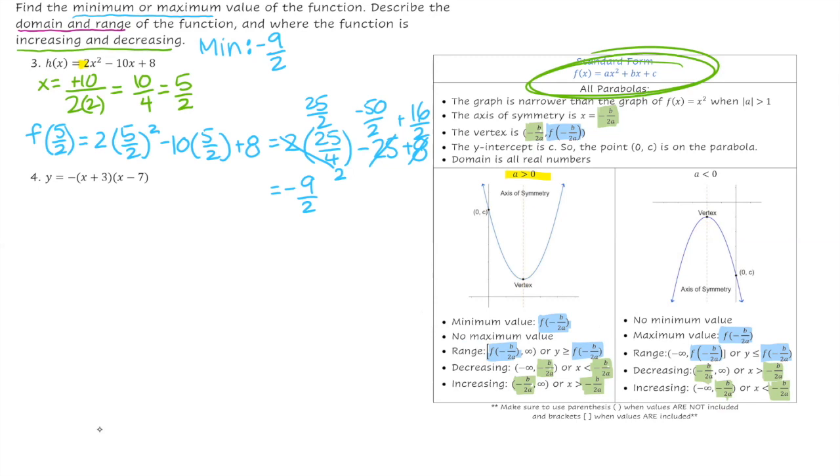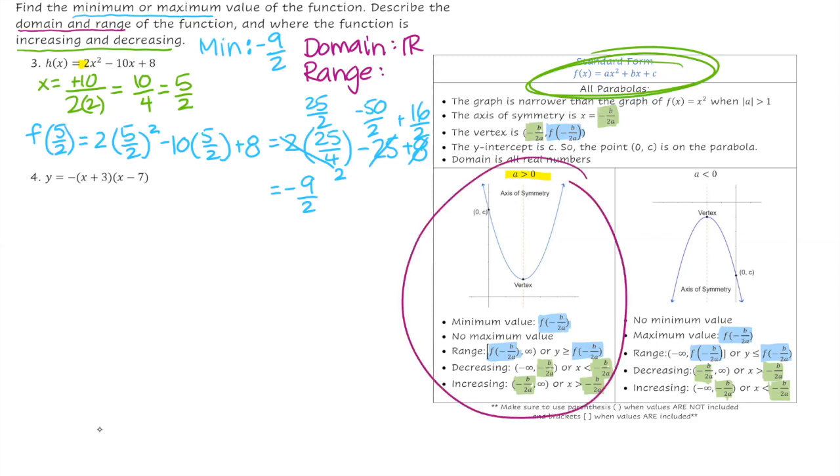There's our minimum. The domain and range, I don't know if you guys noticed, but the domain is all real numbers, like every time, on all of these parabolas. So for domain, I'll use my little symbol for all real numbers. And range has to do with y values. So again, I'm in this category over here. My a is greater than 0.